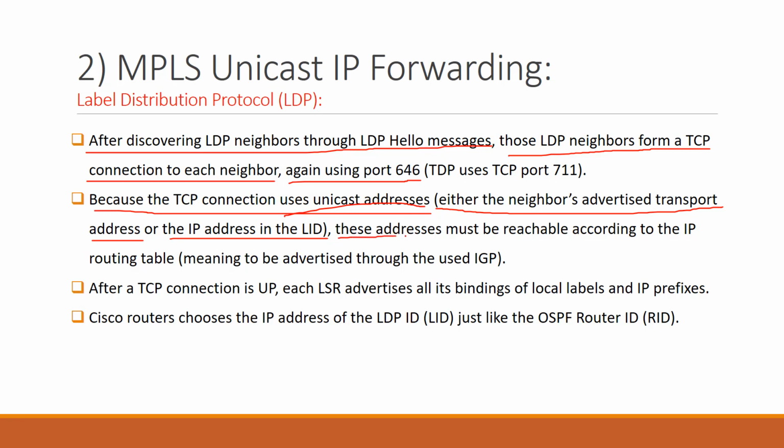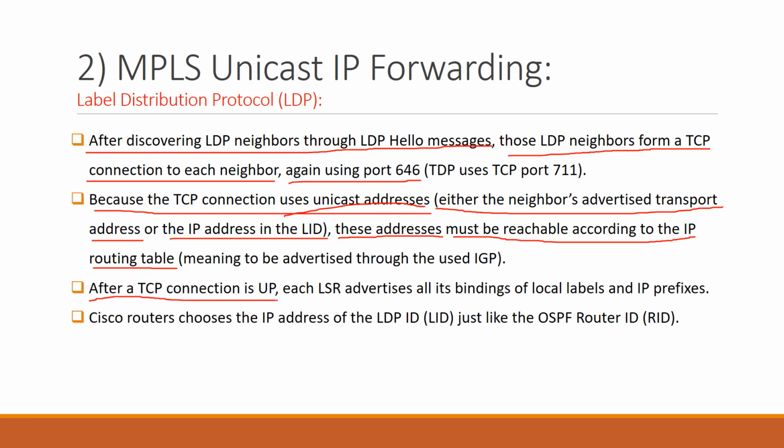And remember that these addresses, whether the transport address or the IP address in the LDP ID, must be reachable according to the IP routing table. So if you are using an IGP, you should advertise these addresses to other neighbors so a TCP connection can be established.